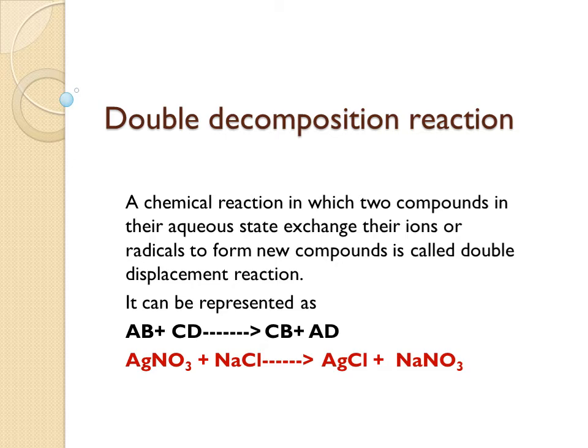The radicals present in NaCl are Na+ and Cl-. So, they exchange their radicals and form two new compounds. The radical NO3 is given to sodium and the radical Cl is given to Ag. So, the two compounds formed are AgCl and NaNO3.